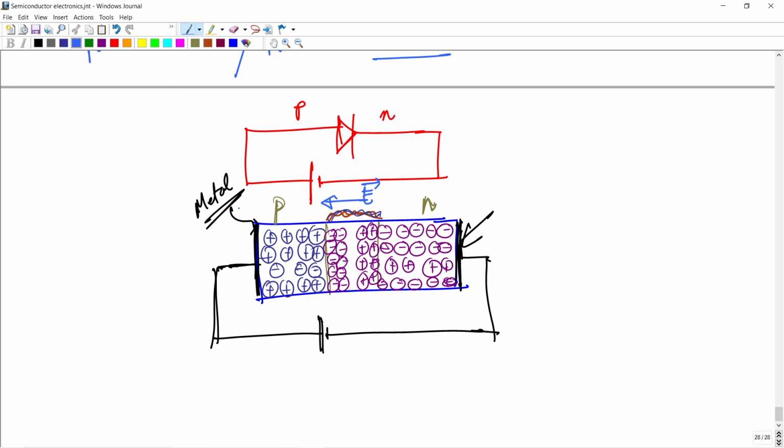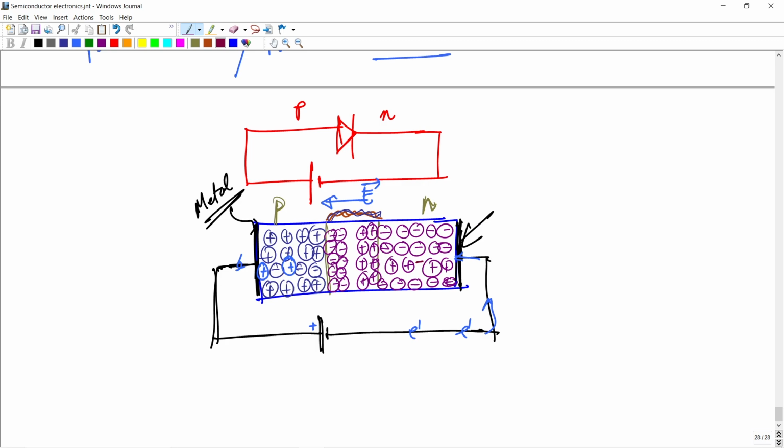The p region is connected to the positive terminal of the battery, so electrons move from the p region to the terminal and p gets more positive. If p gets more positive, it means more majority carriers in the p region. Similarly, electrons move into the n region, so more majority carriers in the n type region.